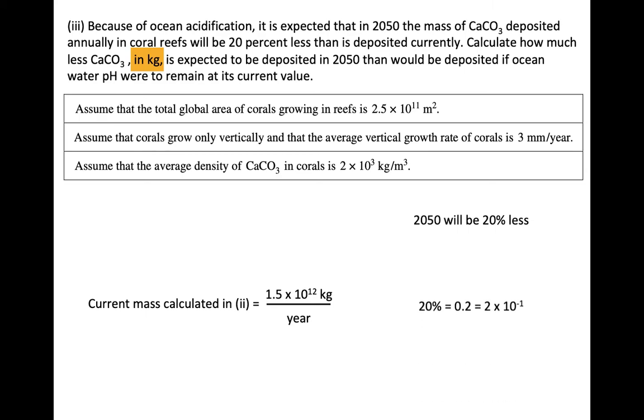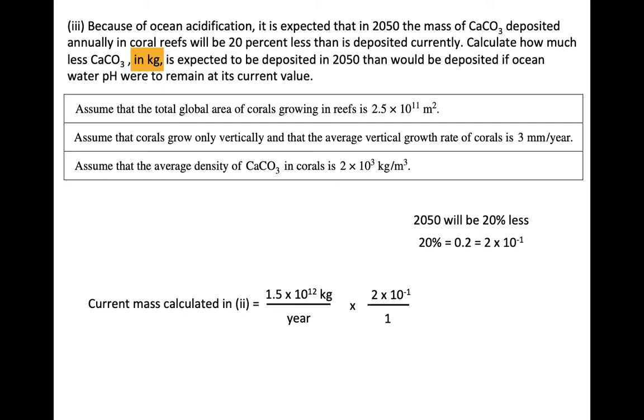And so remember that 20% as a decimal, we would divide by 100, which would get us 0.2. But when we work within scientific notation, I can move my decimal point one place to the left. So I would subtract 1 from my exponent, so we would have 2 times 10 to the negative 1. So all I'm going to do is take the current mass that we calculated in part 2 and multiply by 2 times 10 to the negative 1.